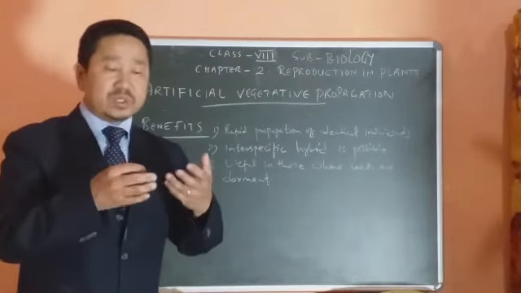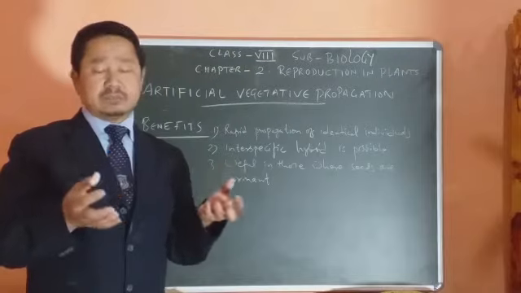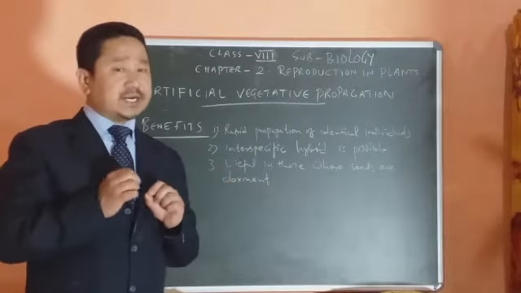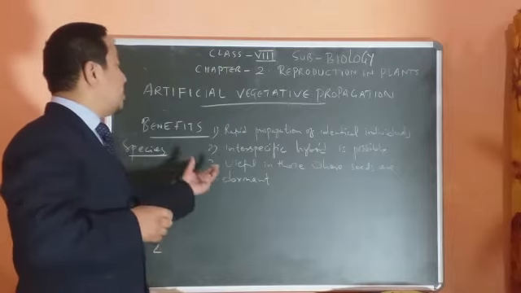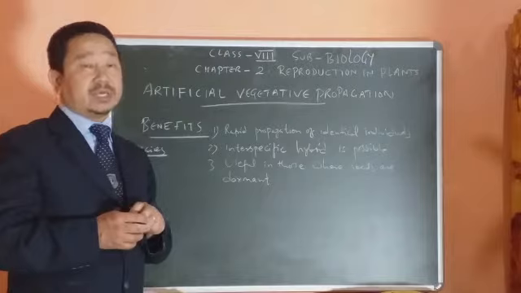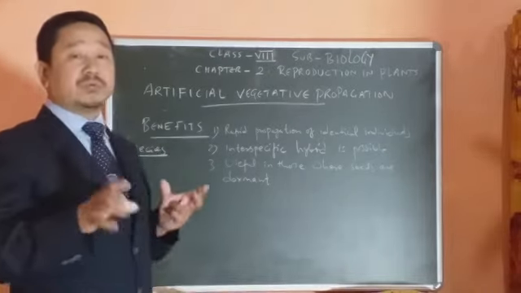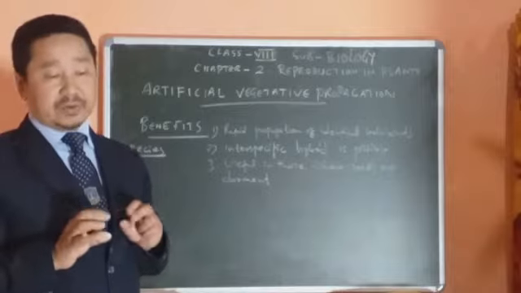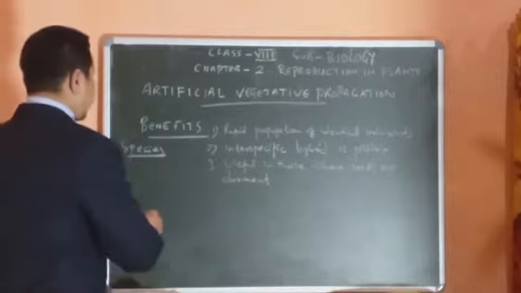They cannot reproduce on their own. Even if they do, it takes a very long time and the success rate is very low. So in those cases, we can go for artificial vegetative propagation, where the seeds are not that active. So these are the benefits.